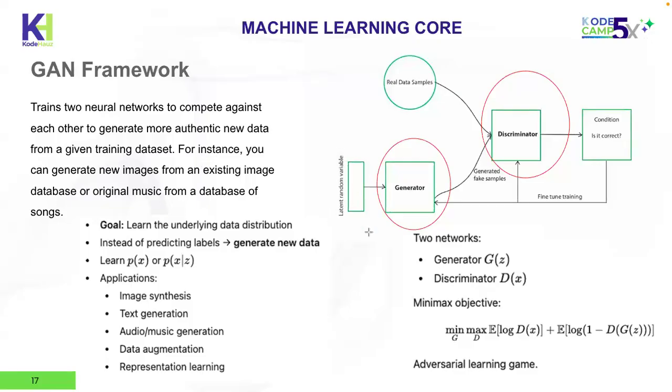So you give a training data set to the generator, and then the generator learns to generate data from it. So the generator is effectively a sequence model, right? So when it learns to generate a sequence, that sequence goes to the discriminator.